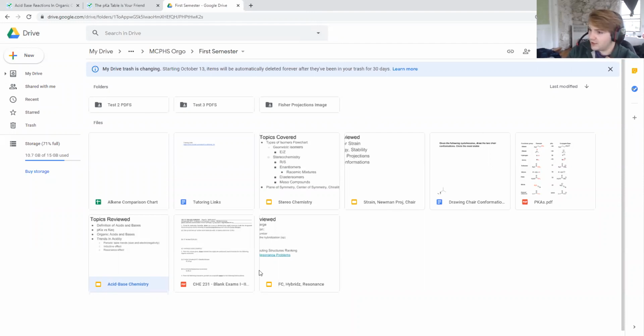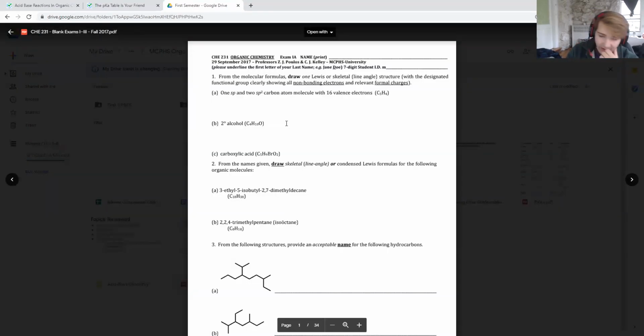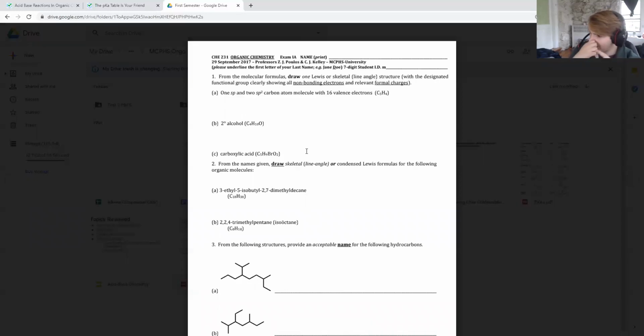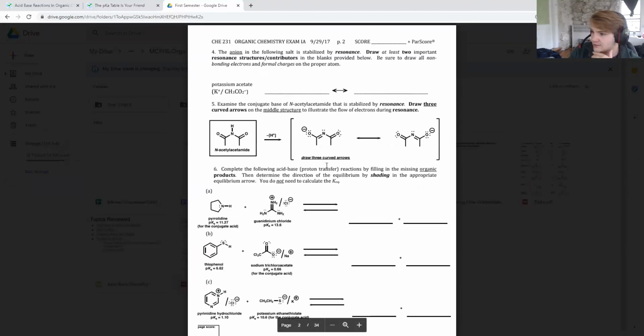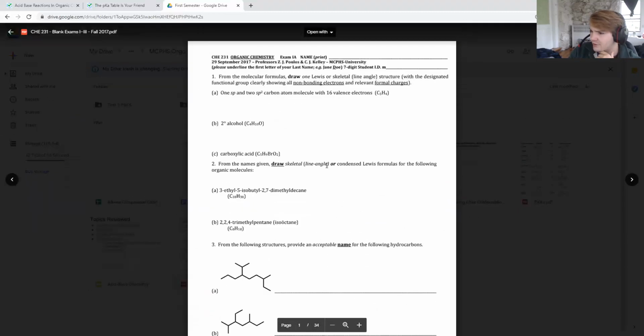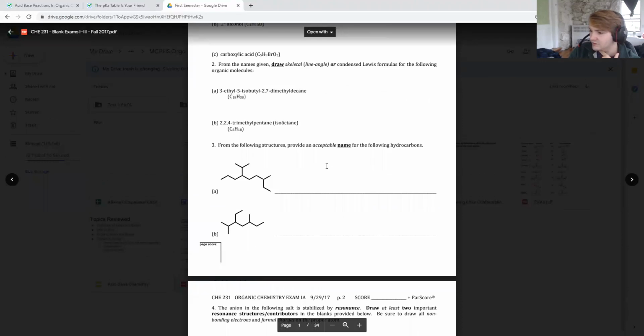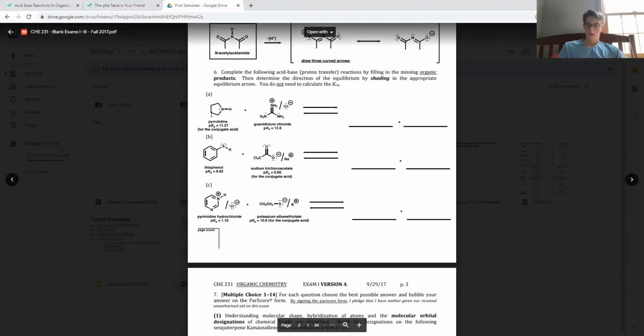If you look right here, here is the blank exam for Poulos for 1 through 3. I know I have Shia exams somewhere. I will have to put them up. I think I have other Poulos ones as well. They're just probably somewhere. But scrolling down, here are the acid-base problems that you will have to do in the exam.